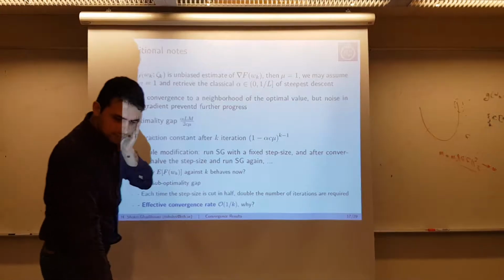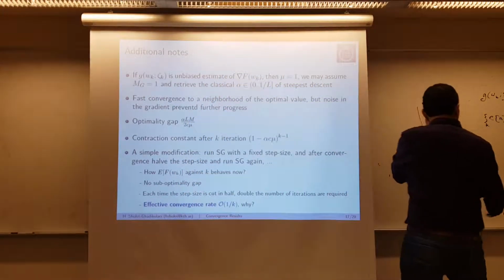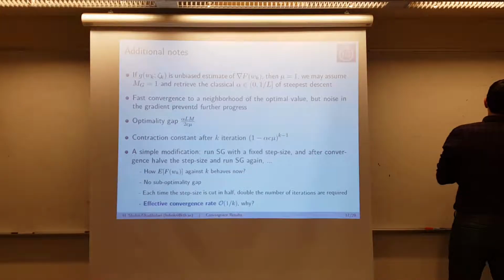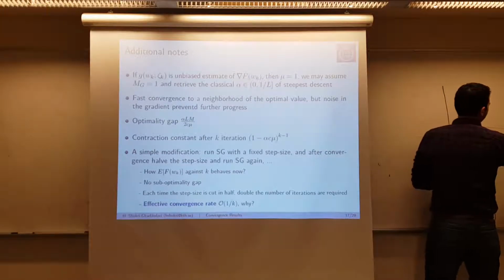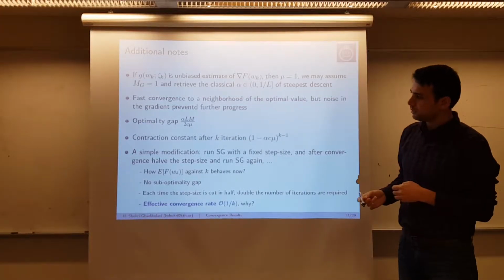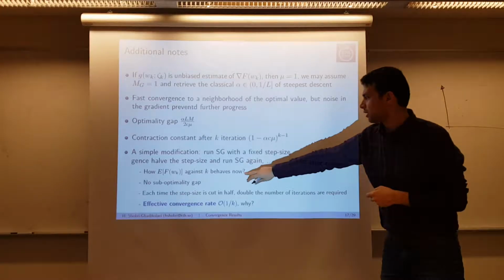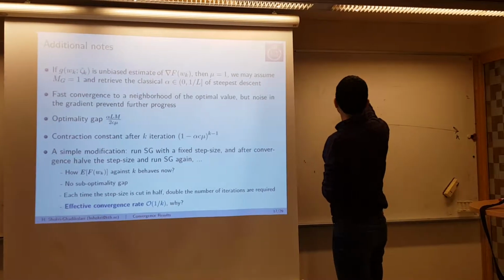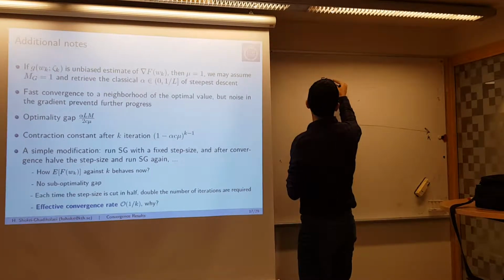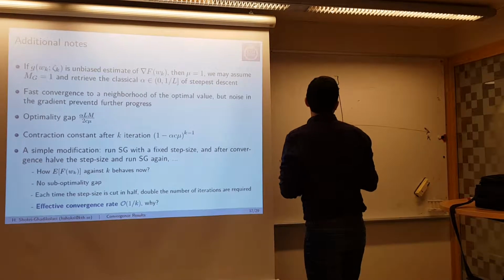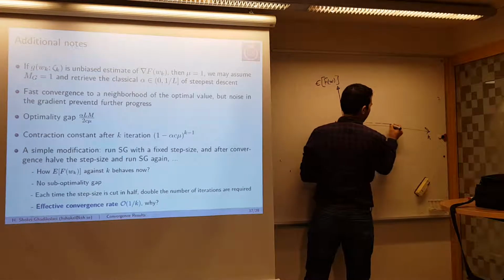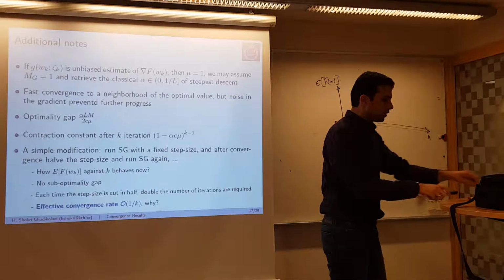See the convergence, so that would behave something like that. Assume that this is the number of iterations, and this is regarding this comment here. So the expectation of f of w, we know that it should converge to some value. How does this convergence behave?